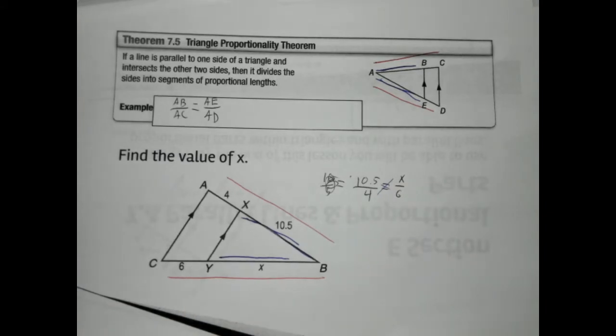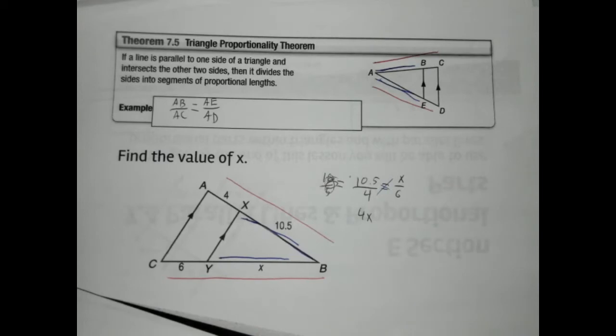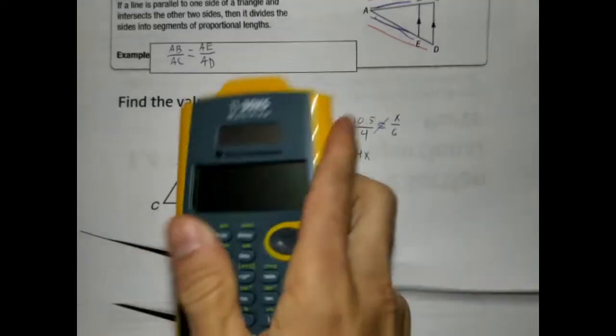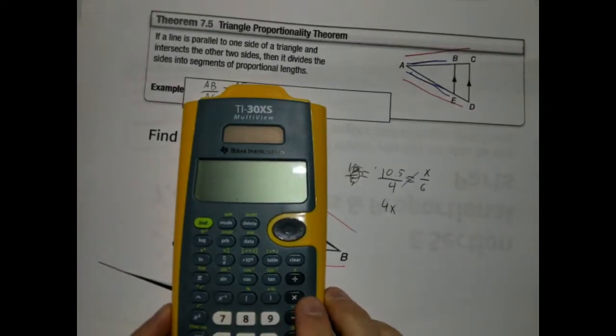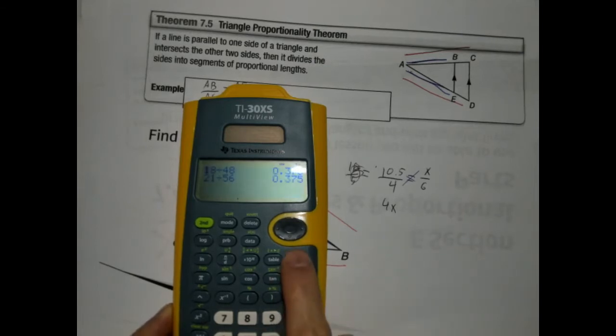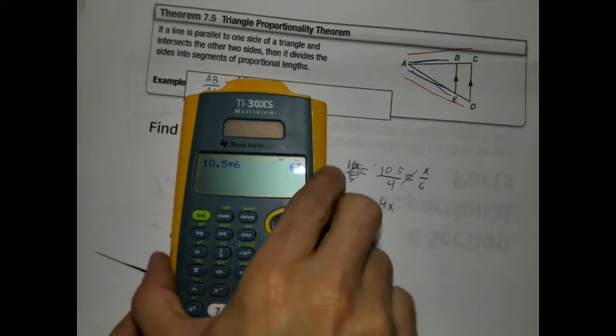So 4 times x is 4x. 10.5 times 6, let's just double check. That's going to be 63. 10.5 times 6 is 63. Yep.